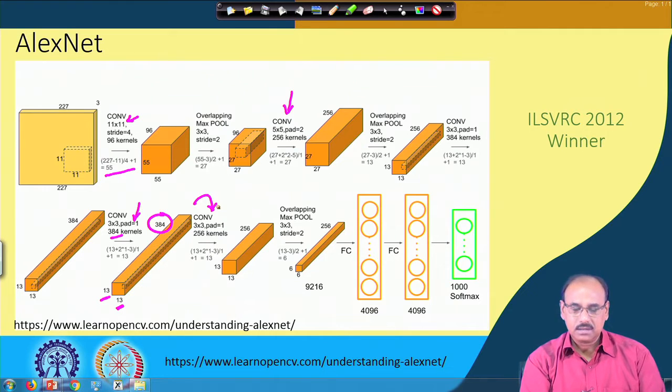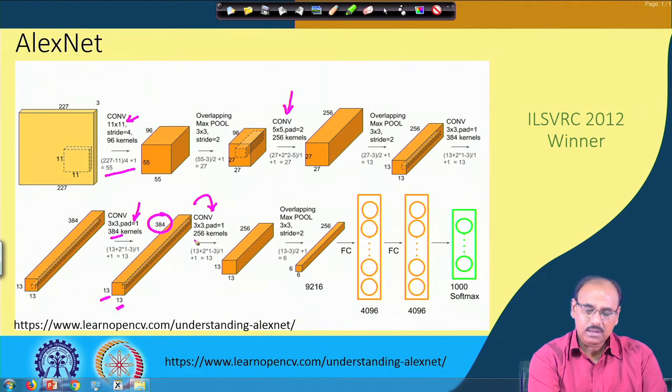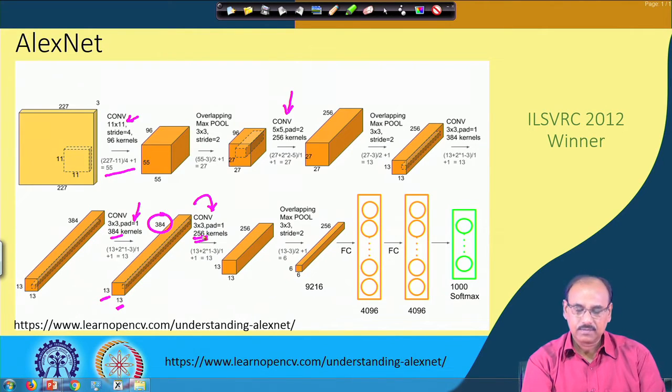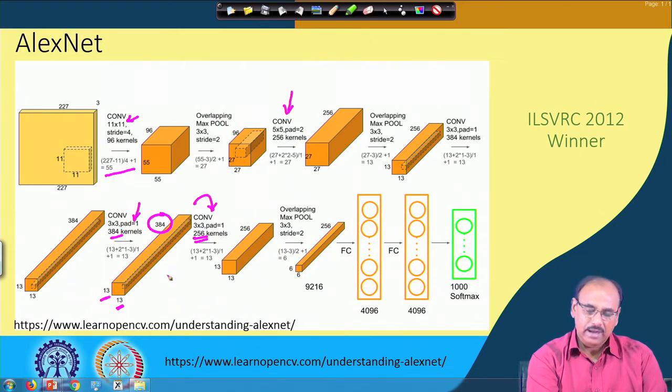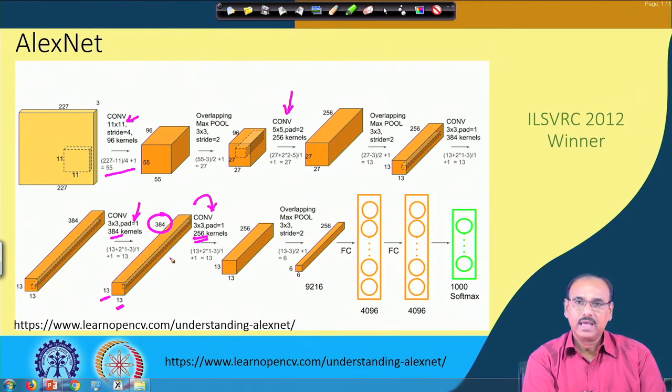But in this case, what AlexNet uses is 256 kernels. So that means at the input of this convolution layer, there are 384 channels, and these 384 channels now get converted to 256 channels, or it generates 256 feature maps, and every feature map is of size 13 by 13.